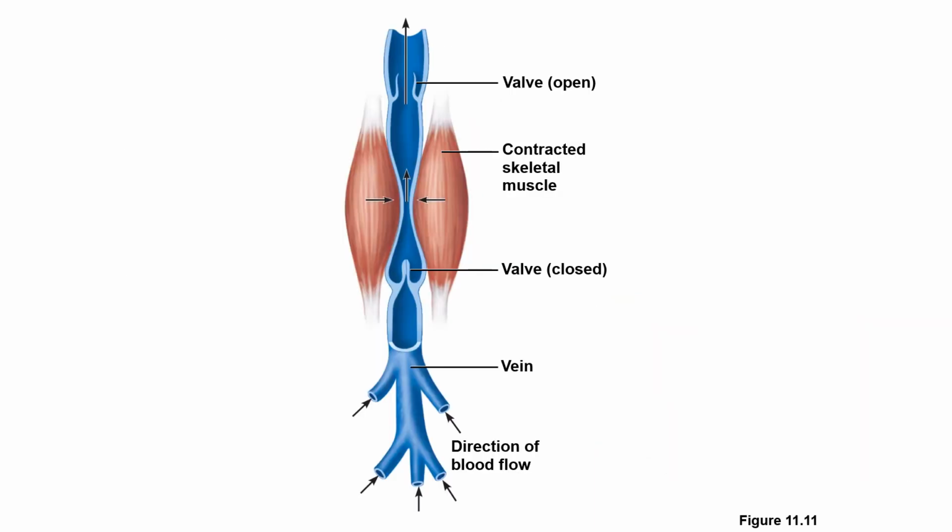So here we can see, for example, this is the skeletal muscle. It will milk the veins and the blood inside the vein will go upward. They are not able to go back because there is a valve here that will close if the blood goes down.